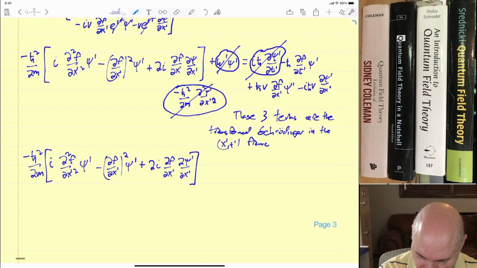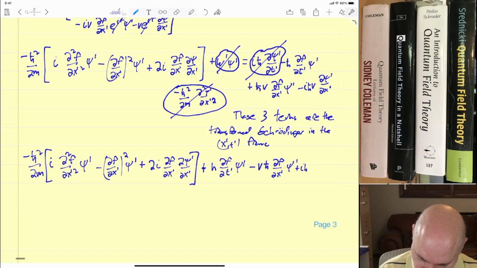So that's all that's left on the left, and now we're transferring these three terms to the right. So I have plus h bar partial of f with respect to t prime psi prime, minus v h bar partial of f with respect to x prime psi prime.